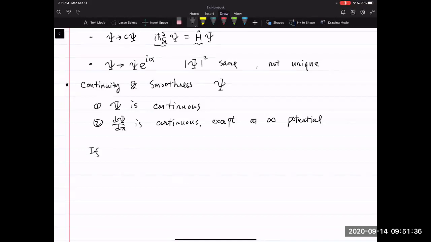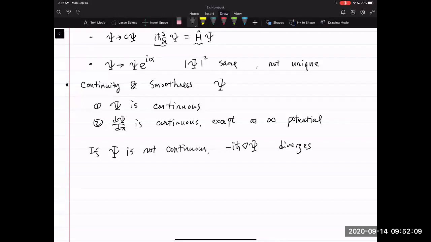If psi is not continuous, then minus i h bar del psi would diverge. That's the momentum, right? So if the wave function is not continuous, we get infinite momentum. That's why the wave function must be continuous.